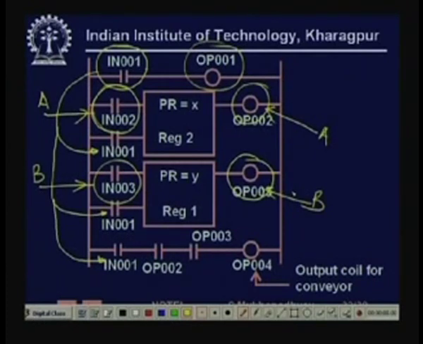So the registers are incremented, not the outputs. So when this register crosses, this output goes high.